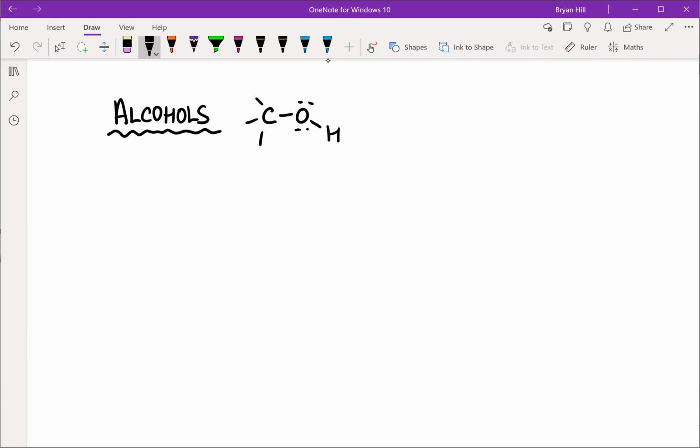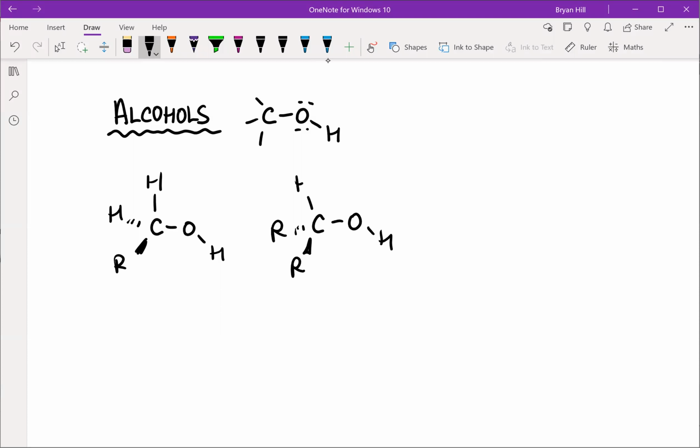If the carbon which the OH group is bonded to has one R group, we would call this a primary alcohol.